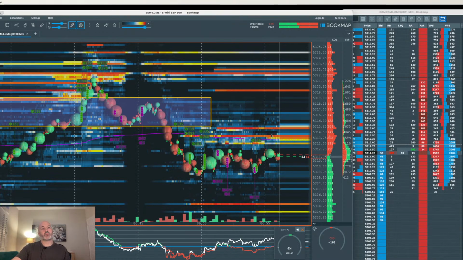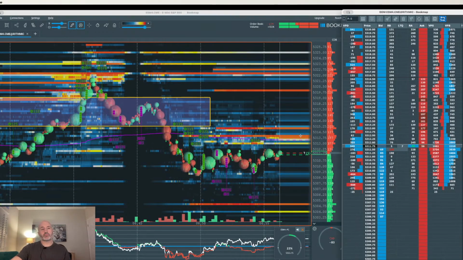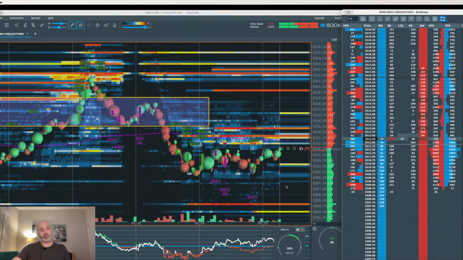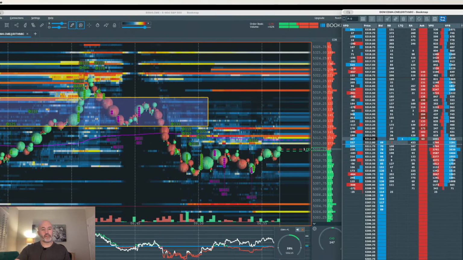This order book over here, there's some liquidity sitting on the book. It may hit up here and then come back down. So I'm prepared for that. So I'm giving a little bit of room. But I am in shorts here.